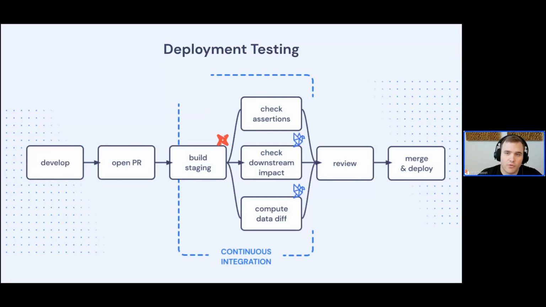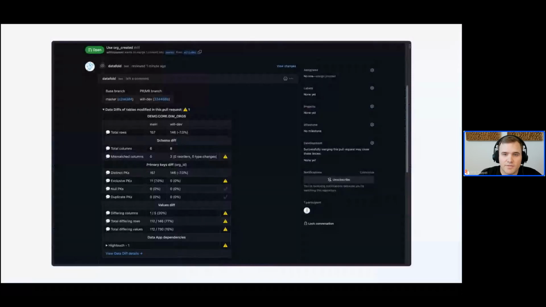And if you follow Datafold for a while, you might have heard of us associated with CI or continuous integration. Deployment testing happens during this phase, which we kind of think towards the end of the process, right before you deploy to production. And deployment testing, in this sense, embeds those tests directly within the pull request or the merge request. You might have DBT tests that you run as you do your pull requests or merge requests.